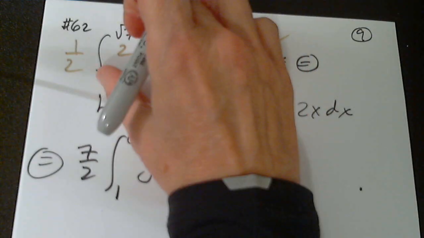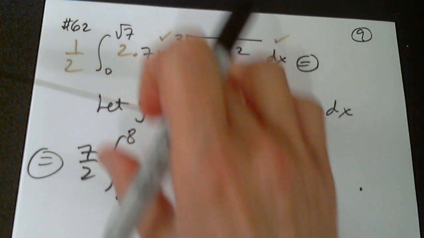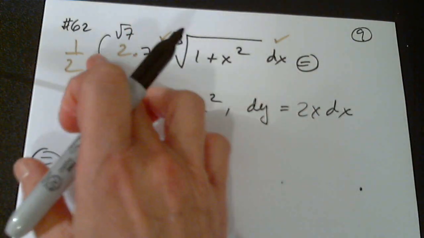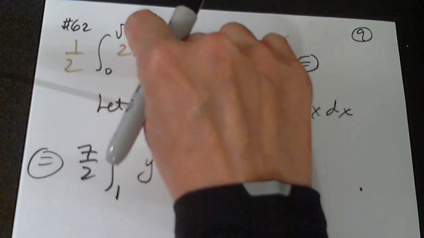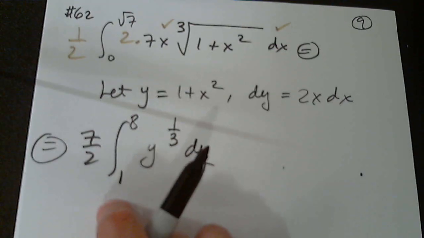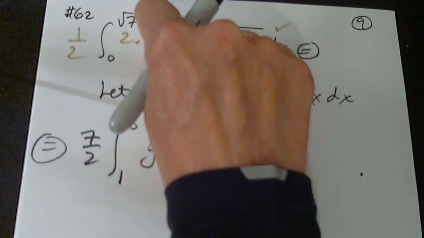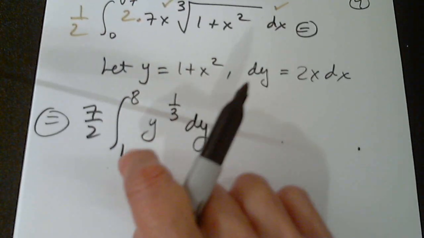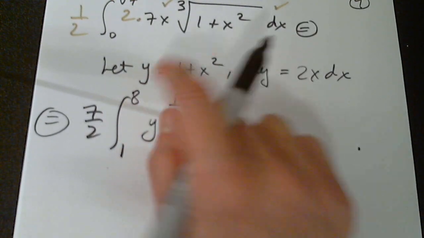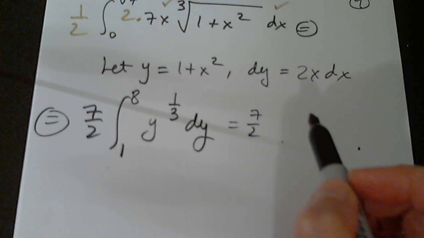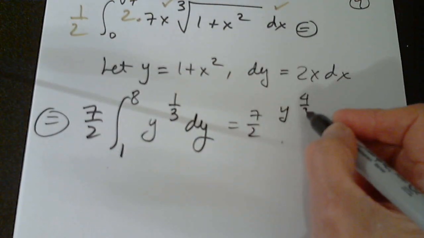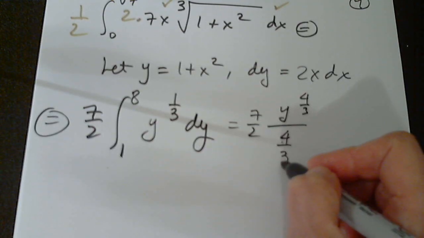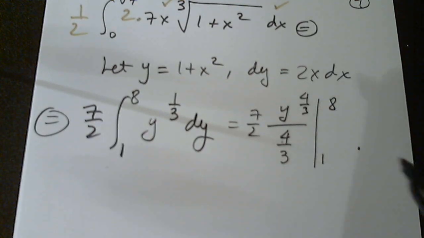It would be a terrible mistake to copy the same limits of integration. This is an integral in x, which says x is between 0 and this. But when x is between this and this, y is between 1 and 8. So now, 7 halves, y to 1/3 plus 1 over 4/3 from 1 to 8.